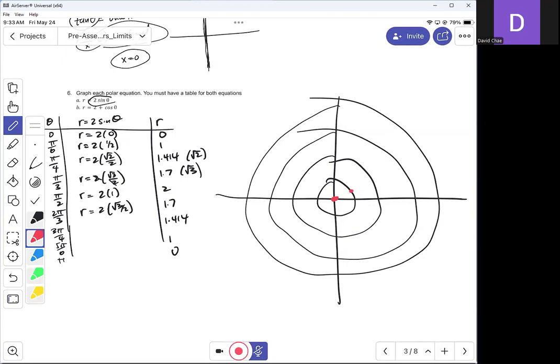Pi over 4 and 1.414 would be halfway between the first circle and the second circle, so it would be right here. Pi over 3 and 1.7 is inching closer to the second circle. And then at pi over 2 and 2 will be right here.